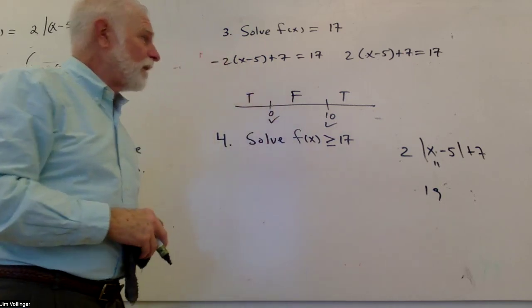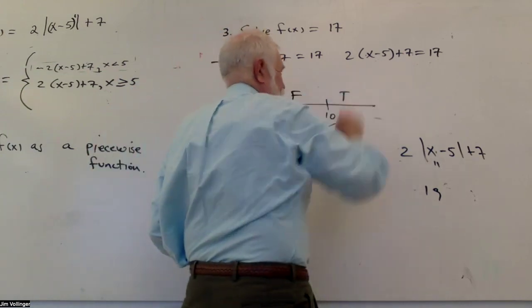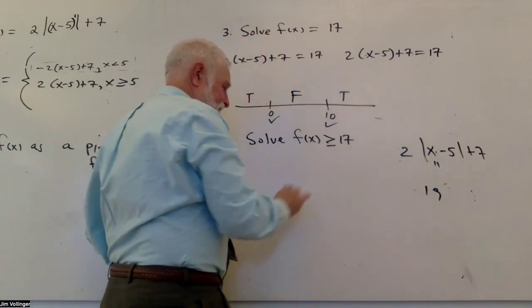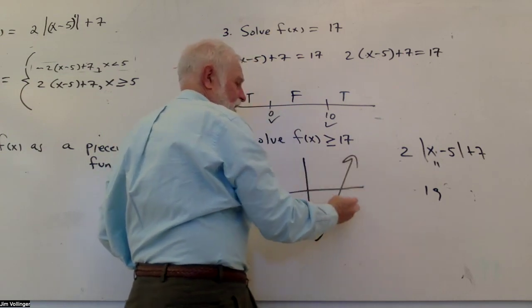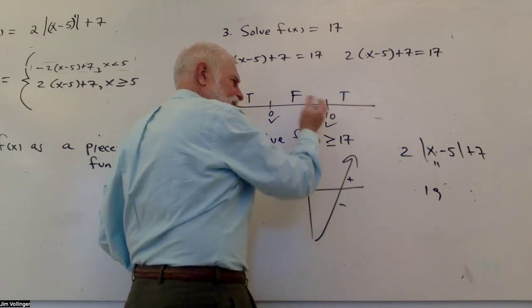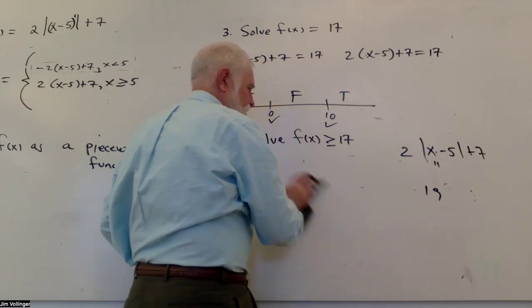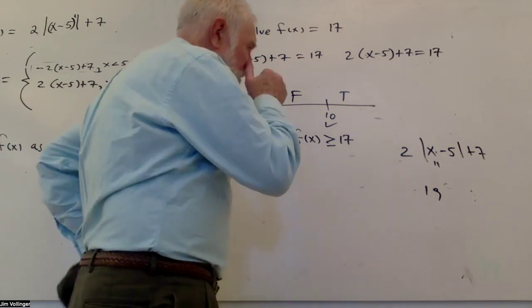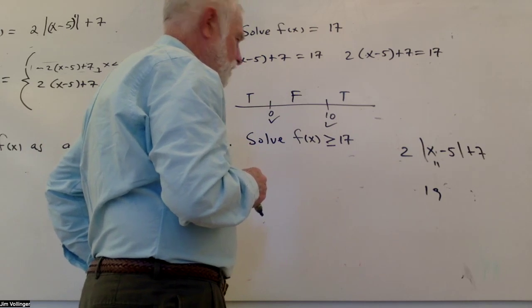And I also know that linear functions have sign changes. Linear functions tend to cross the x-axis from either negative to positive or vice versa. But there's going to be a sign change at the number 10. I don't know if I said that the way I wanted to, but let's check.